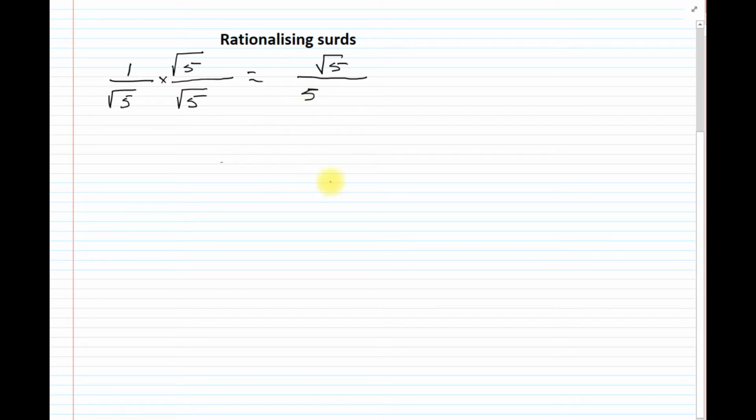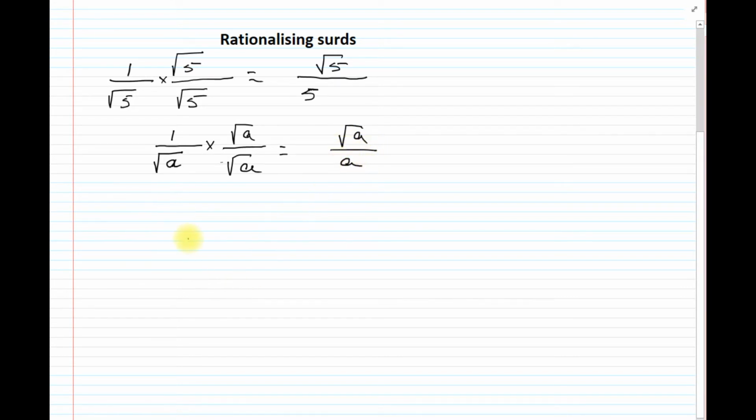In general, if our surd is of the form 1 over root a, and we assume square root of a is a surd, we just multiply top and bottom by square root of a, and we get square root of a over a.